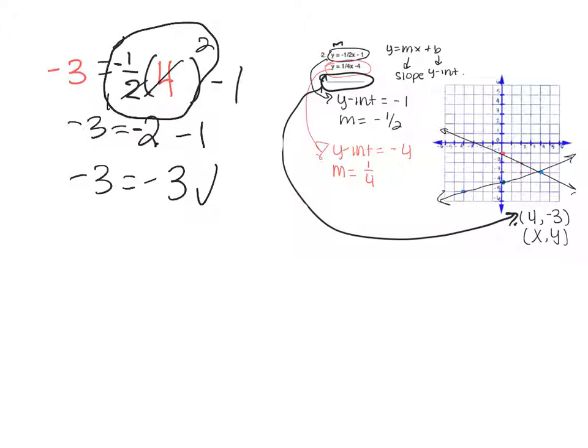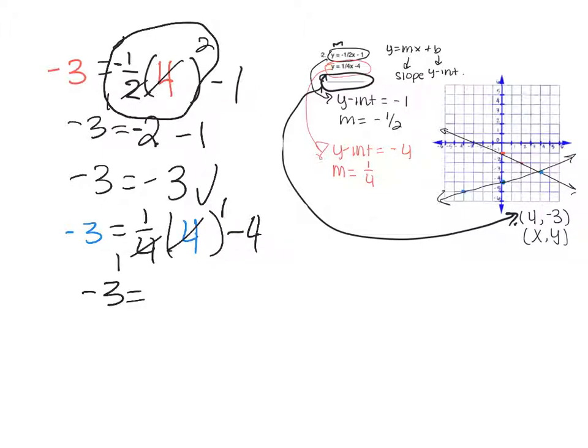So I again have -3 equals 1/4 times 4 minus 4. Go to work this out. I've got -3 equals 1 over, well, I know that the 4 can cancel to a 1 and the 4 there can go to a 1.